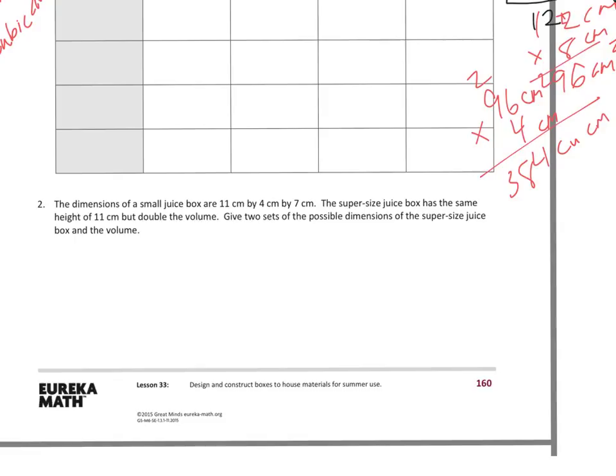So this is a little challenging at first. I'm going to multiply to find the volume of the small juice box first, because the big one is double, meaning I have to multiply by 2 once I get my whole volume.